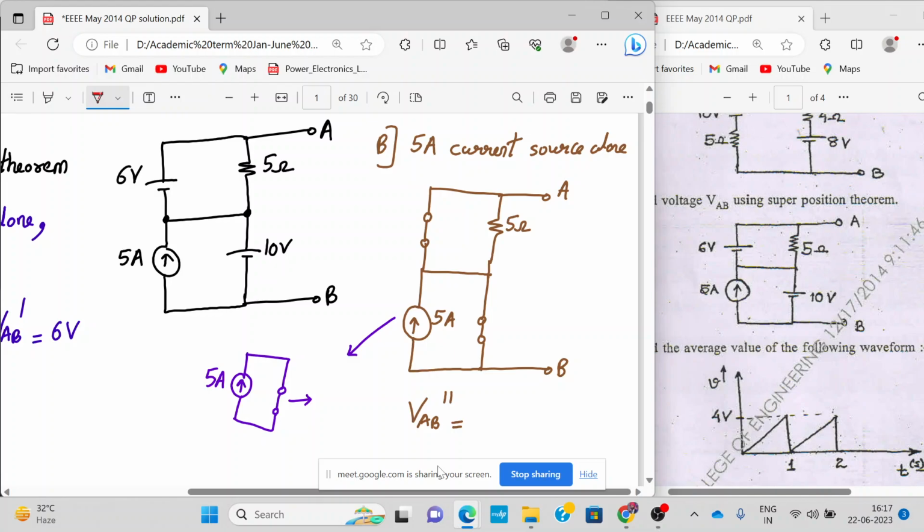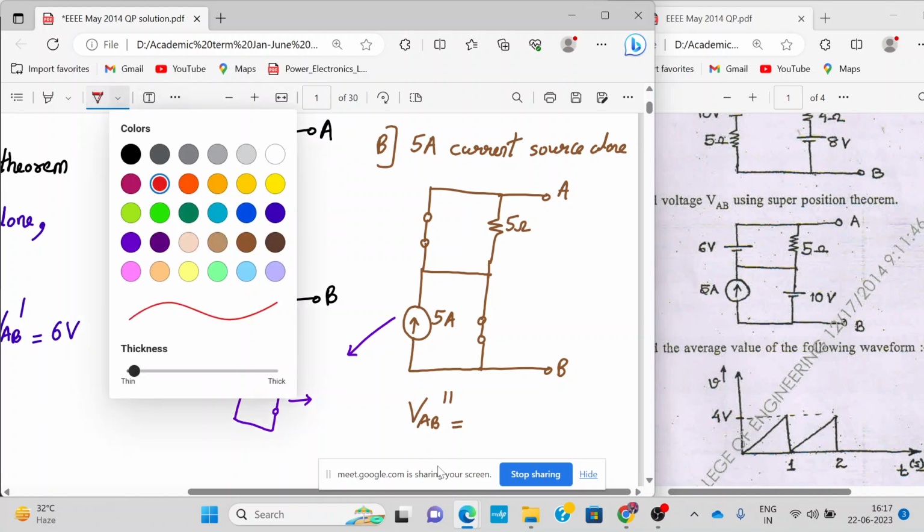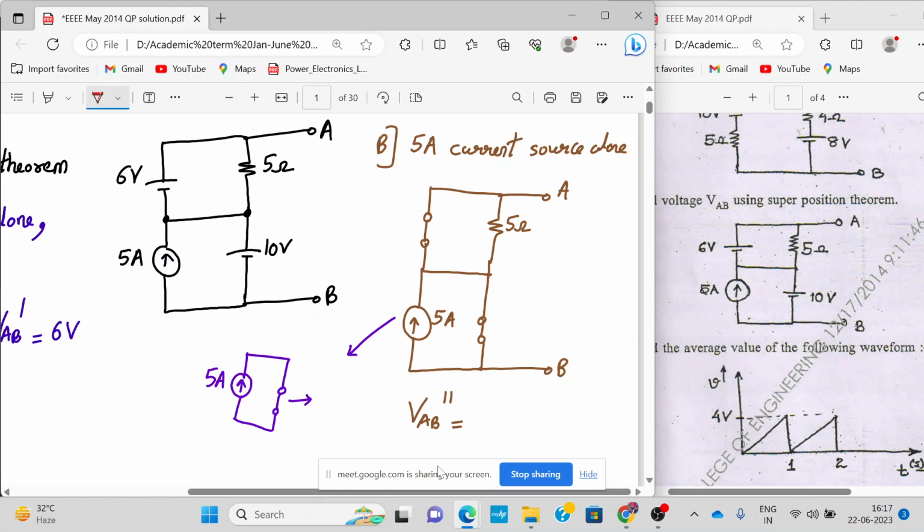Are you following what I'm saying? If this short circuit was not there, then VAB is 5 ampere into 5 ohms. That would be correct if the short circuit was not there. But since this short circuit is connected, the current will follow the short circuit only, so this becomes redundant. What is VAB now?